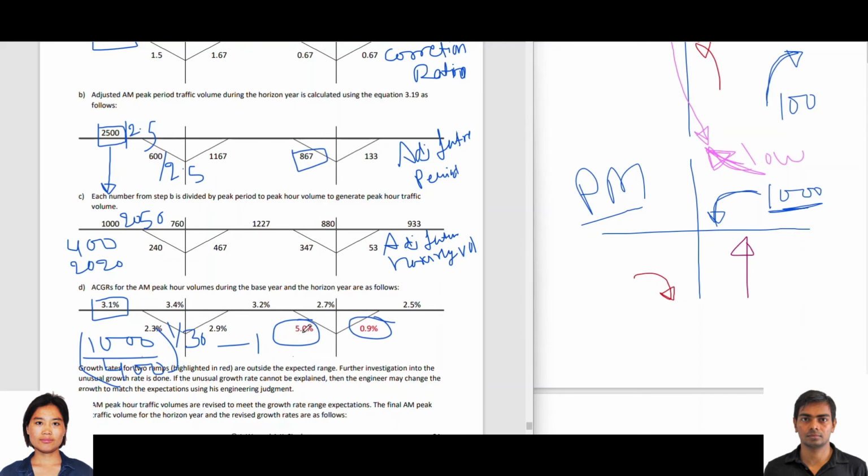First we will look and try to figure out why this number is high and this number is low, why these numbers are not as expected. After a lot of trials, if we cannot figure it out, then we will adjust it such that the freeways are balanced. During freeway balancing, if we cannot figure out anything, then we will probably lower this number and move this up to balance the freeway.